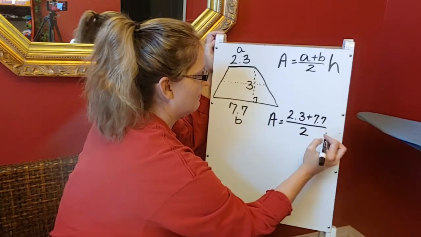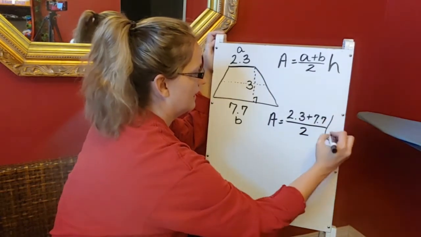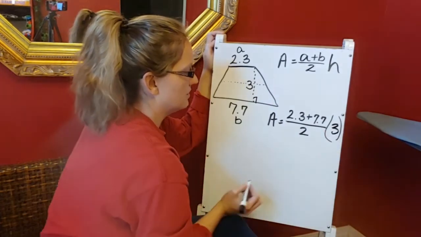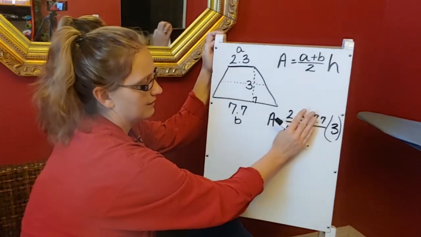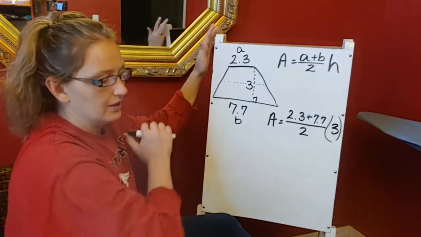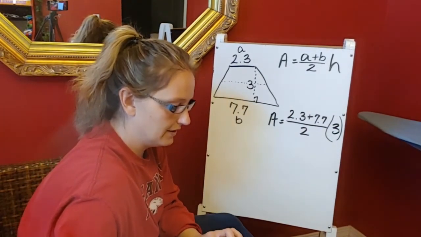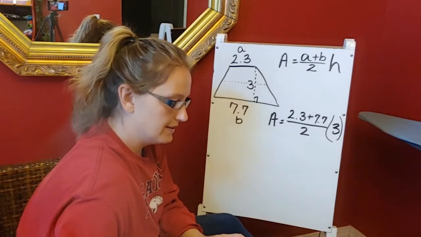I'm going to divide it by 2, and then I'm going to multiply it by H, which is 3. So I'm going to have to take care of this part first. So I'm going to type in my calculator 2.3 plus 7.7.